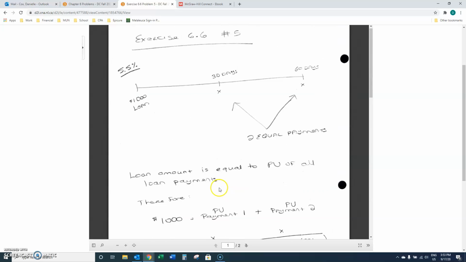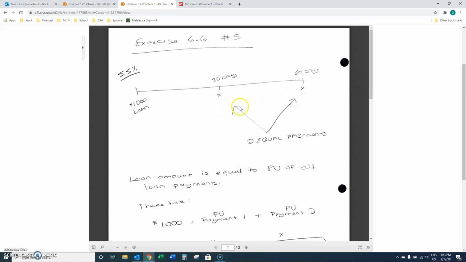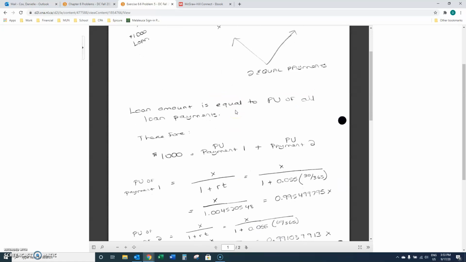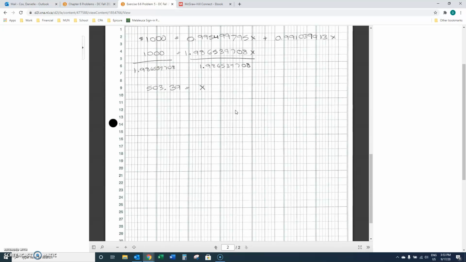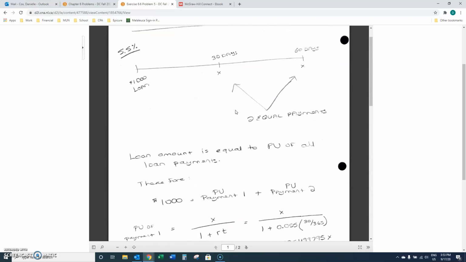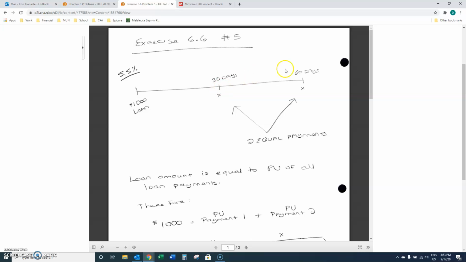So that's the value of X. So two payments of 503, I think I said 39? Yeah. Two payments of 503.39, one at 30 days and one at 60 days, will pay off this $1,000 loan.